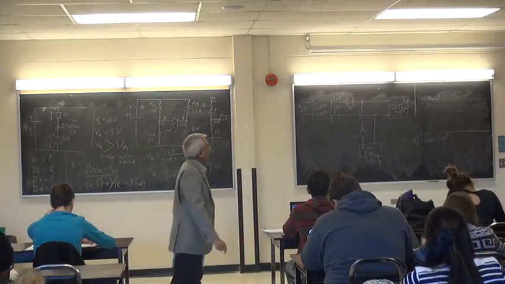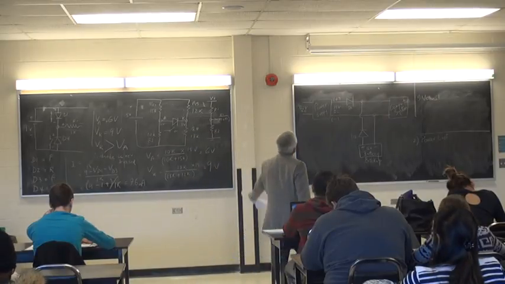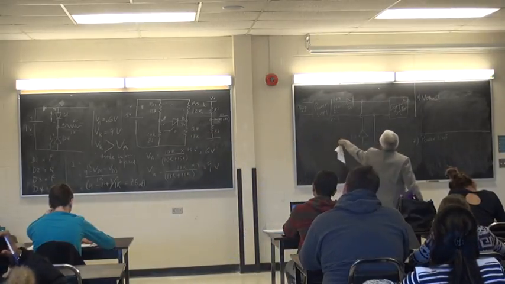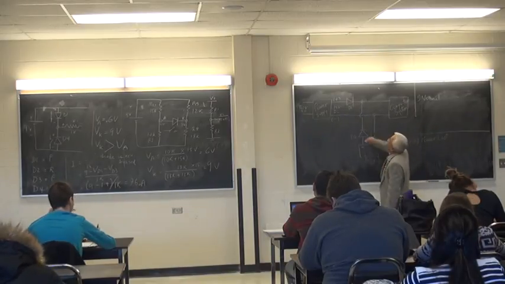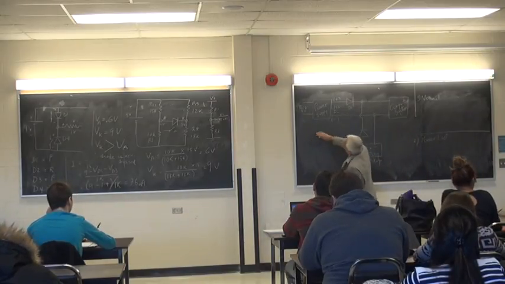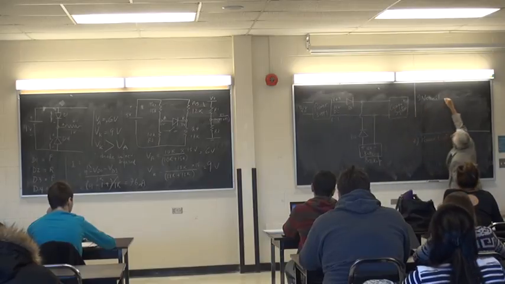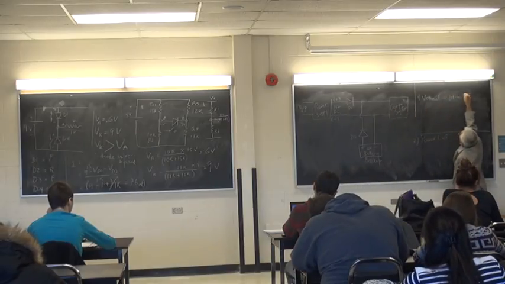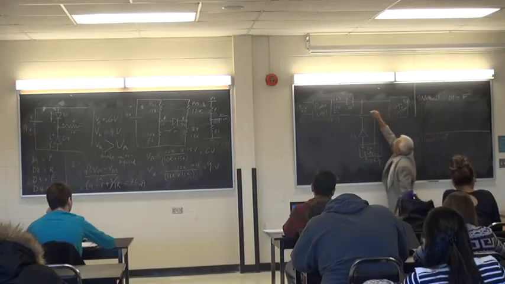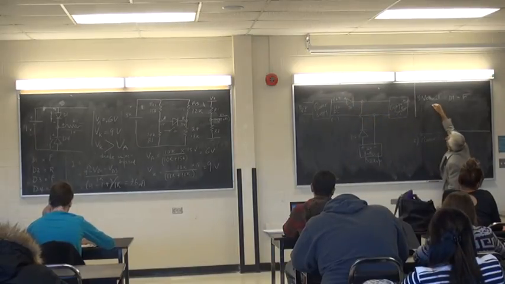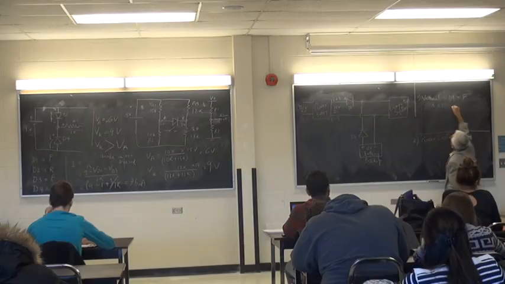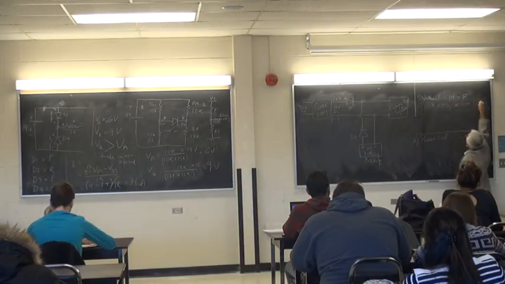So case one, normal operation. I've got 120 volts AC, 15 volts DC, D1 forward biased. If it's forward biased, the anode is 15, cathode is 14.3. Are you with me?